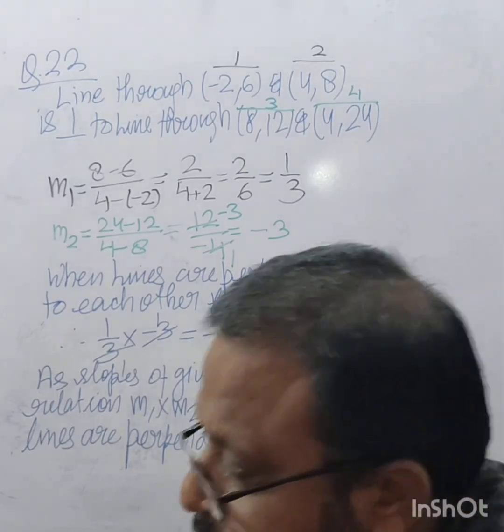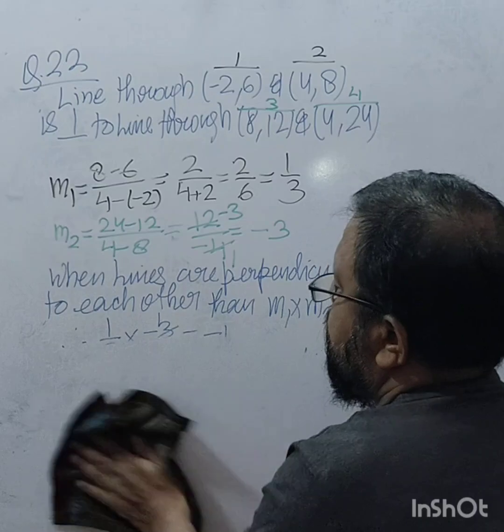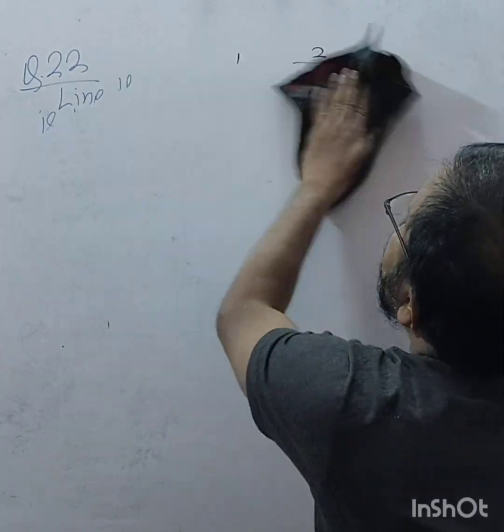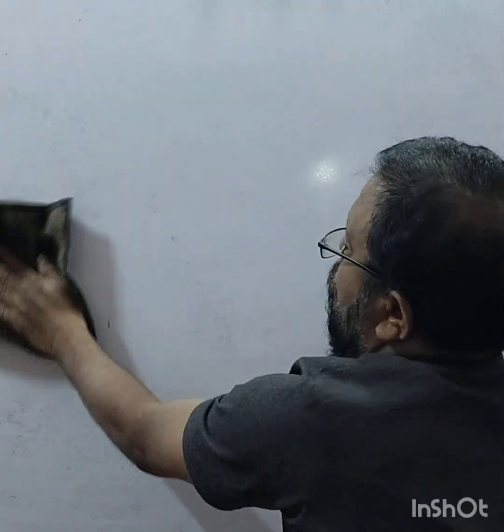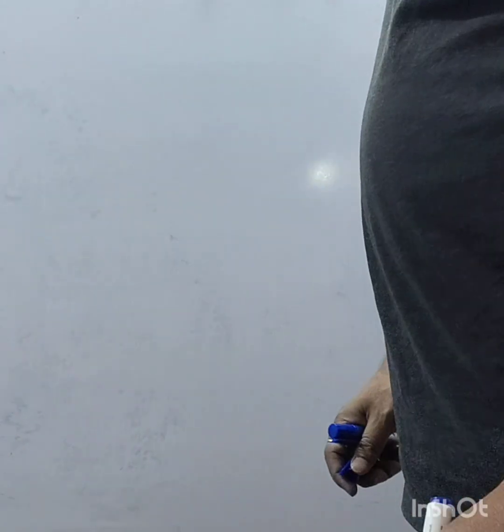Done? Next. Oh. Which question you have? Right? No 20? You have done 22, na?